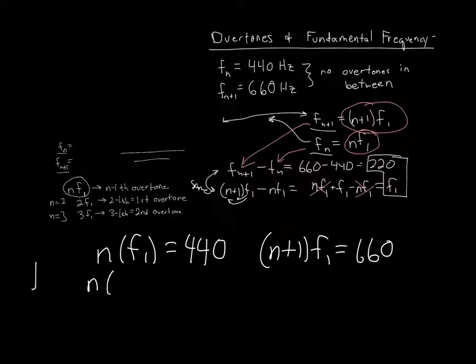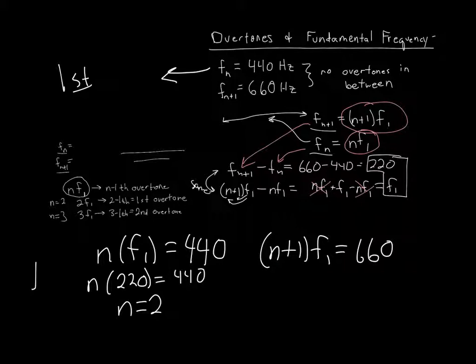I do n times 220 is going to give me 440. And I just do the algebra to solve this out and find that n is equal to 2. So that means this first frequency is going to be equal to the first overtone, because remember, the number of the overtone is the integer n minus 1th overtone. And you can go back and re-watch that in this little short video.